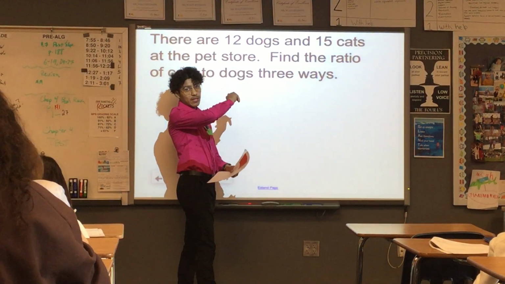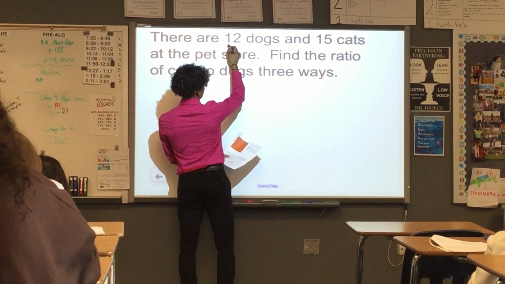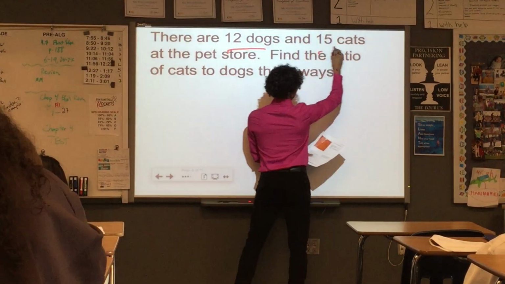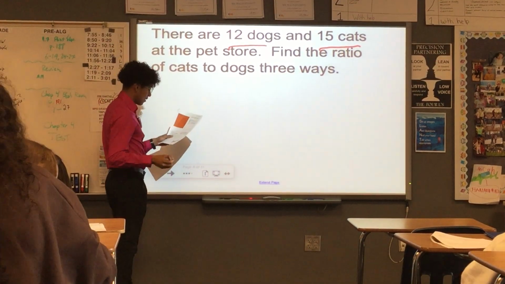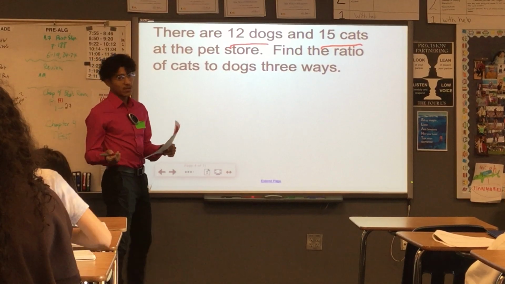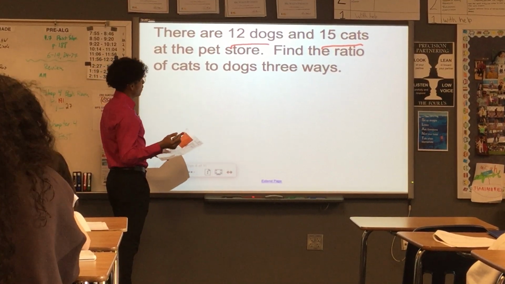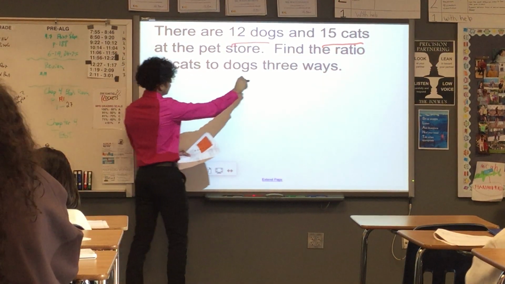We said at the beginning that a ratio is going to consist of two numbers. So our two numbers are going to be 12 dogs and 15 cats. And one thing to remember with that is we got to know the order of which we put them in. That's important.